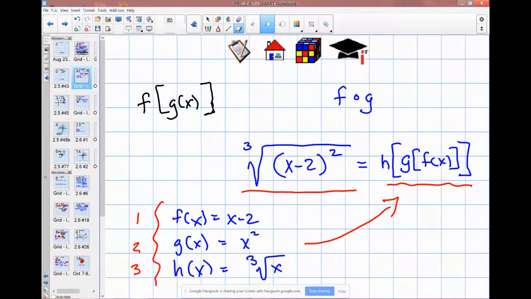So here we have one with 3. And what would you start with? You have to first subtract 2, the f function. Then you have to square it. So this is the answer to your question, Brandon, but it's not going to be a marathon problem. You see what I mean?